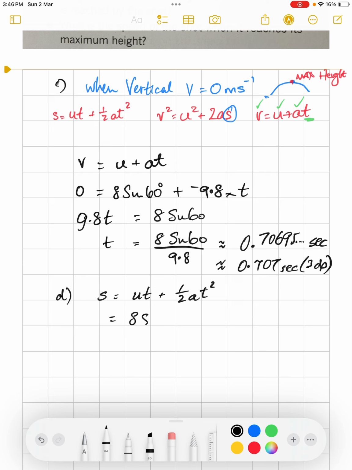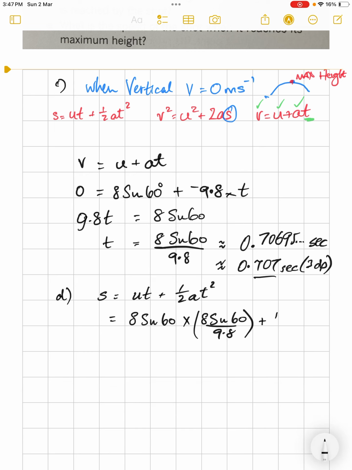U is 8 sine of 60 times T, which is 8 sine of 60 over 9.8. That's simply 0.707. But I'm not writing 0.707. I'm writing the actual formula that it comes from. So we've got plus half negative 9.8, and then our T squared is 8 sine of 60 over 9.8 squared.